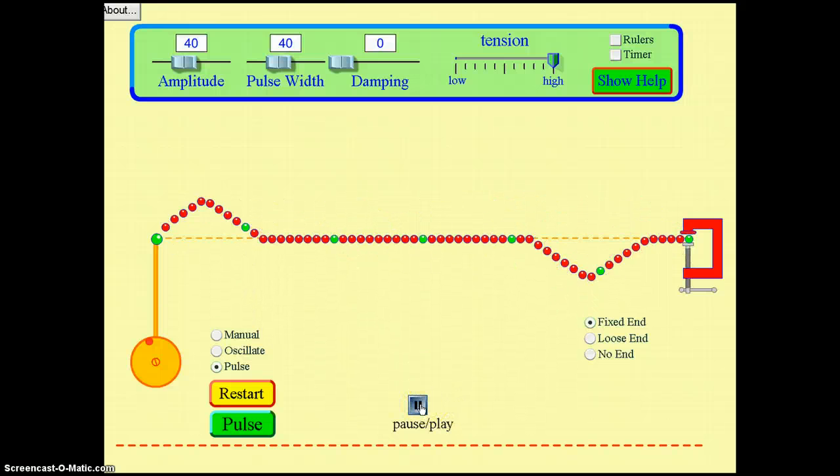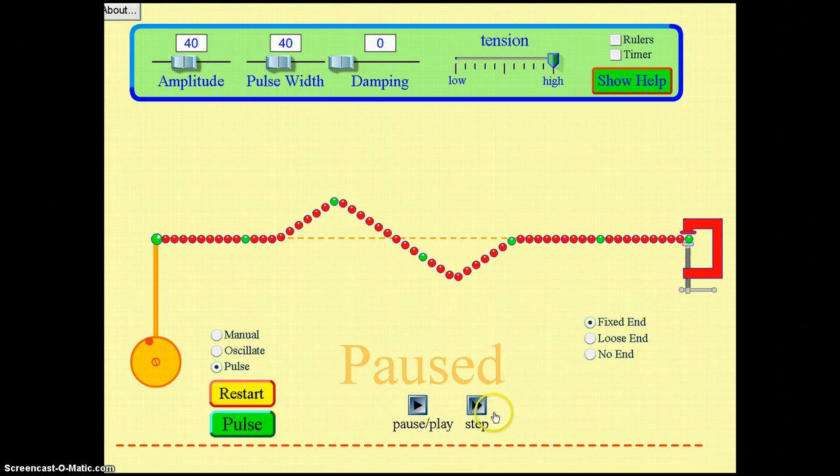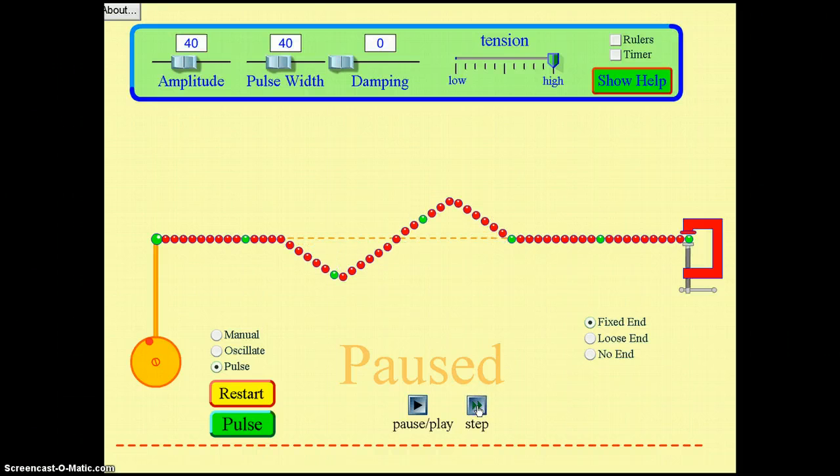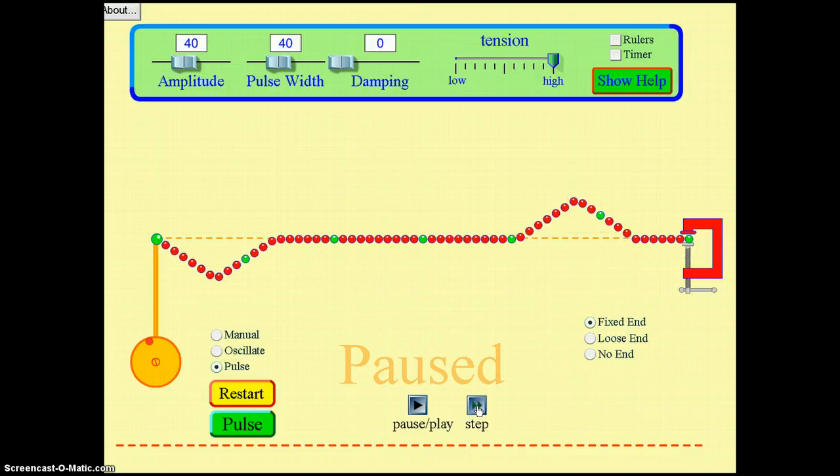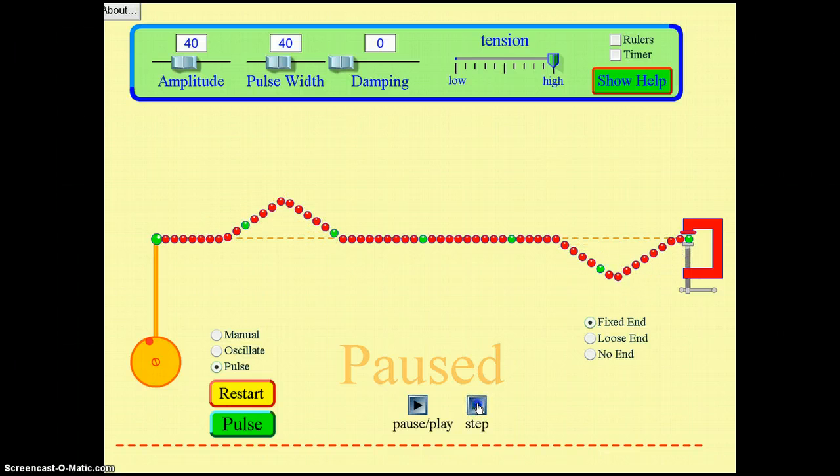I'm going to pause that right now, and we're going to step this a little bit at a time. You can see the crest that's moving to the right is about to pass through the trough that's moving to the left. And now the crest is continuing to the right as the trough is moving to the left. Both are going to hit their fixed ends, invert, and continue to come back.